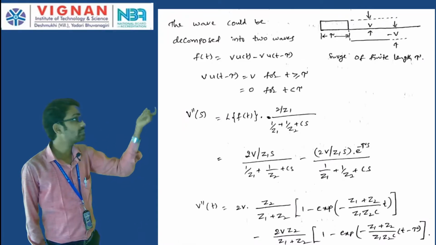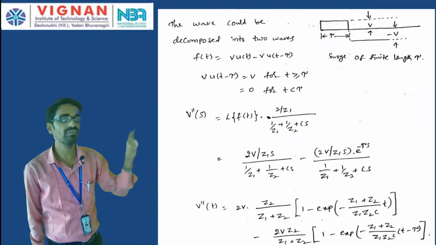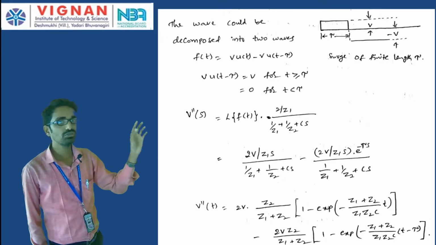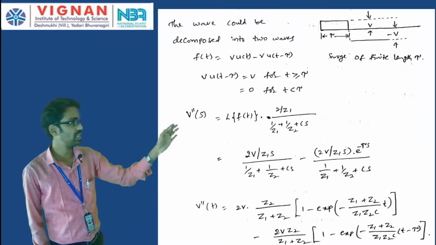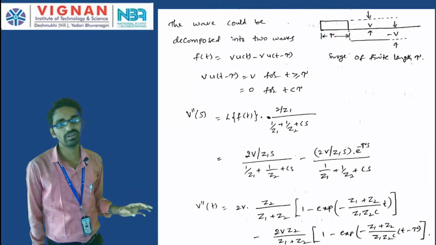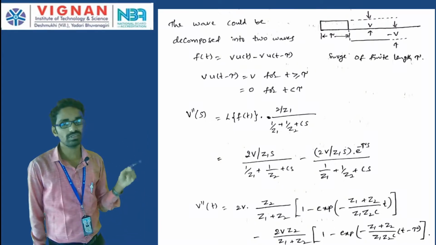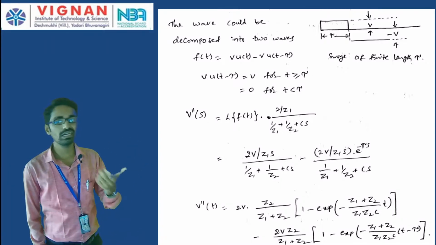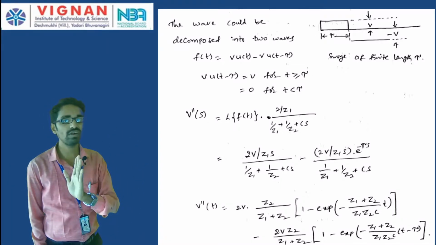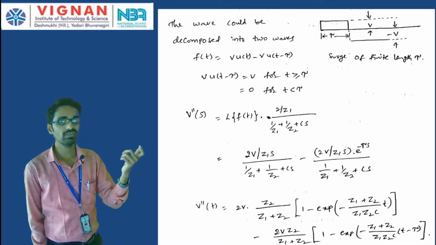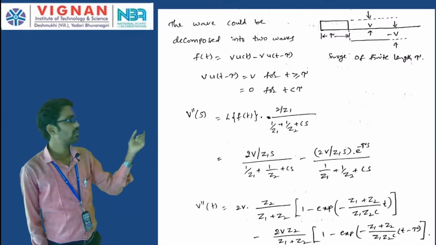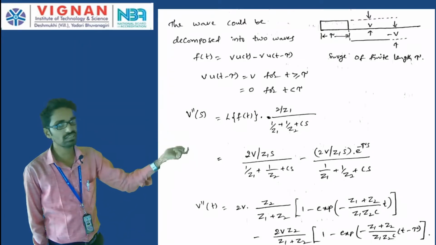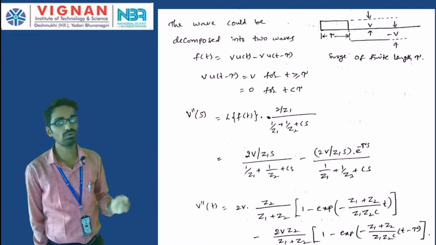So f of t is V into u of t; I am using the unit step function, V into u of t minus V into u of t minus tau. We have t minus tau because it is the total length of time, t minus tau, and u of t is the value we are assuming. V into u of t minus tau is equal to V for t greater than or equal to tau.